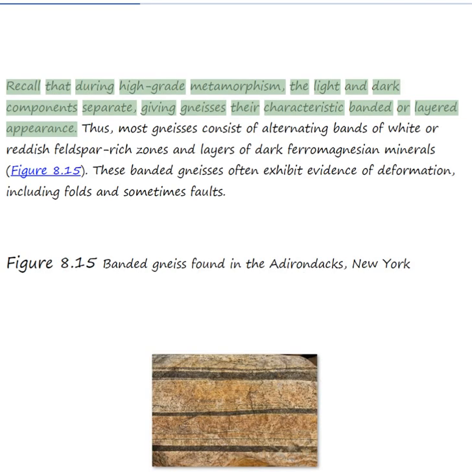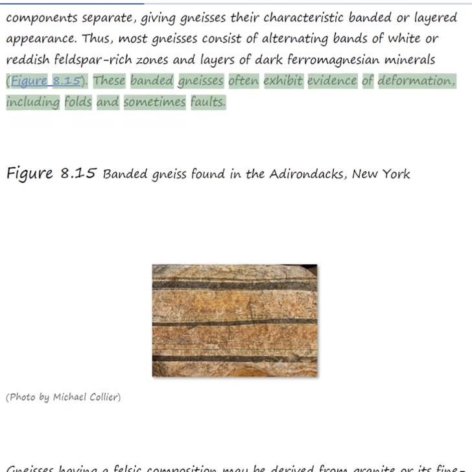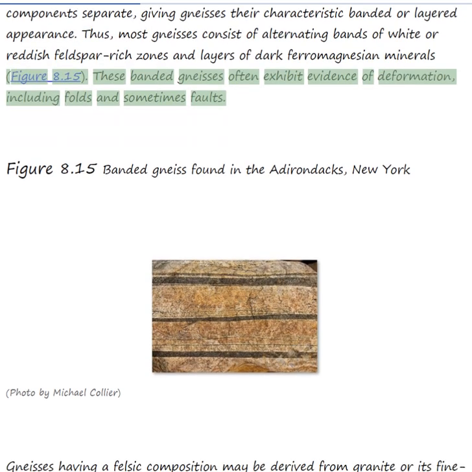Recall that during high-grade metamorphism, the light and dark components separate, giving gneisses their characteristic banded or layered appearance. Thus, most gneisses consist of alternating bands of white or reddish feldspar-rich zones and layers of dark ferromagnesian minerals. These banded gneisses often exhibit evidence of deformation, including folds and sometimes faults.